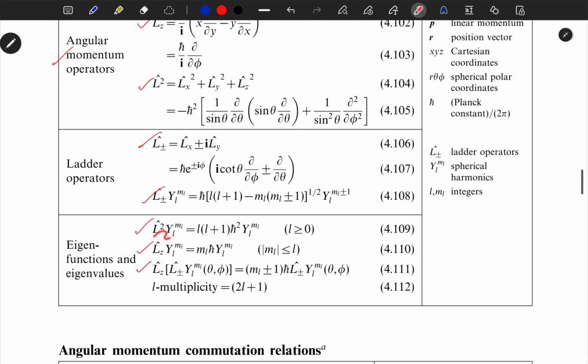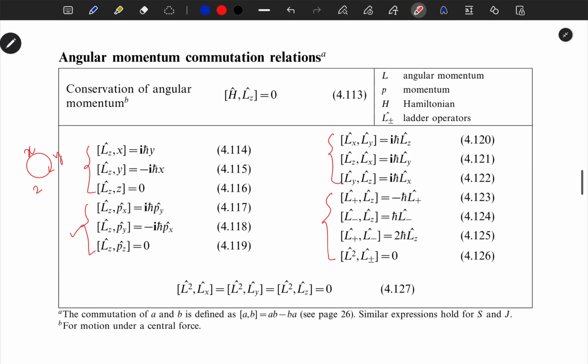Now L² will give L times (L plus 1) ħ², Lz will give m_L ħ, and Lz operating on L plus or minus will give (m_L plus or minus 1) ħ of L plus or minus of Y. So L has a multiplicity of 2L plus 1.